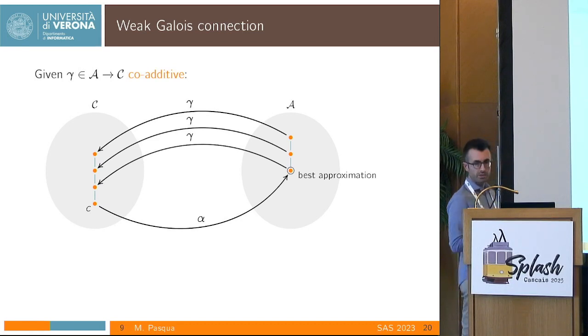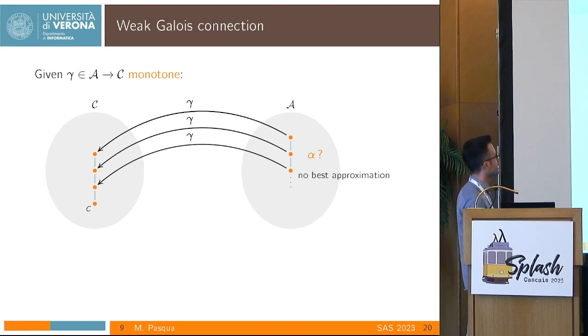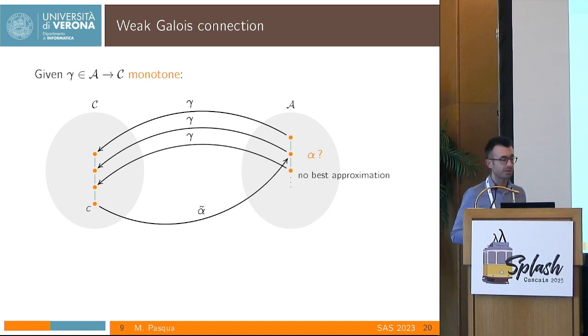But in some cases, we don't have the best abstraction. For instance, in the automata domain, we cannot approximate a context-free language with a unique regular language. And so in this case, we cannot reason about, for instance, completeness or other properties of the domain. But we can still define an abstraction. Indeed, these domains are used in practice. And in this case, gamma is no longer co-additive, okay?